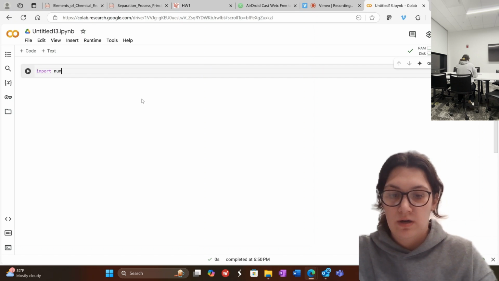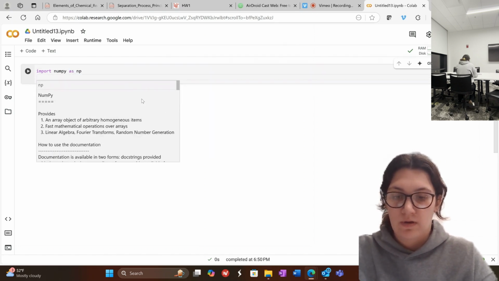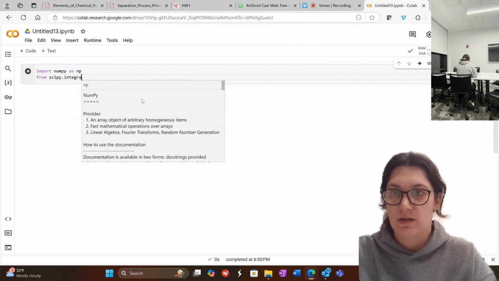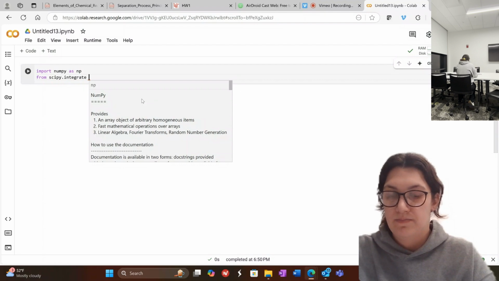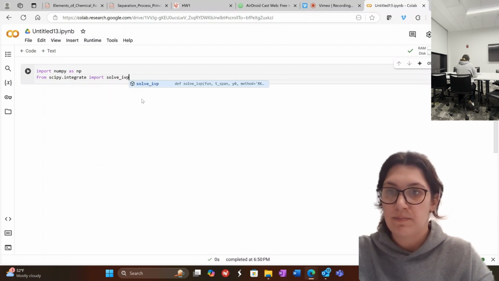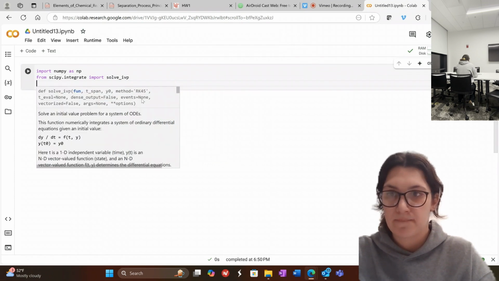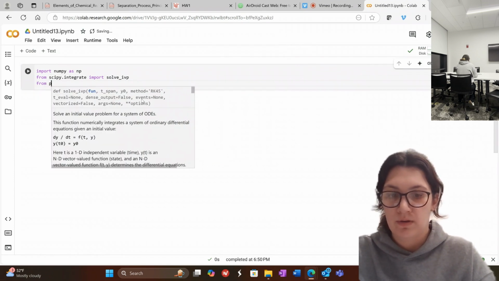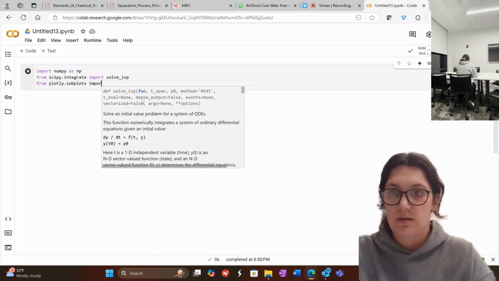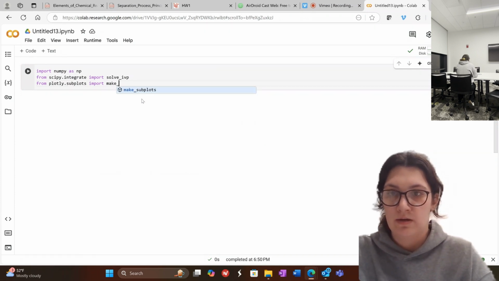Import numpy as np, from scipy.integrate import solve_ivp, from plotly.subplots import make_subplots.